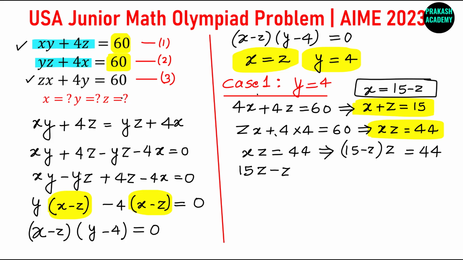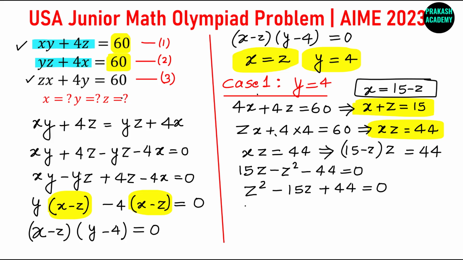15z - z² - 44 = 0, or you can say z² - 15z + 44 = 0.